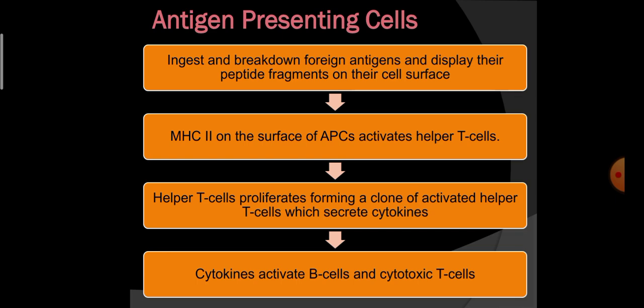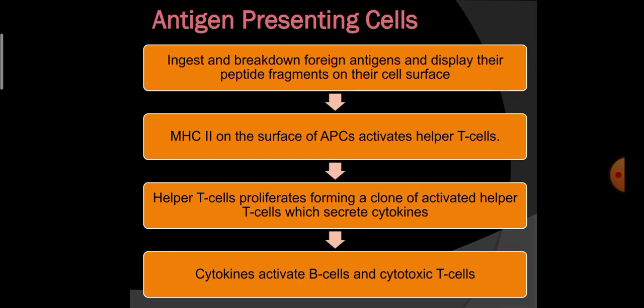Now this complex is identified by the T cells. Clear? When these T cells identify it, they get activated. Which T cells? There is a group of T cells called helper T cells. These helper T cells produce clones of themselves, and secrete cytokines.